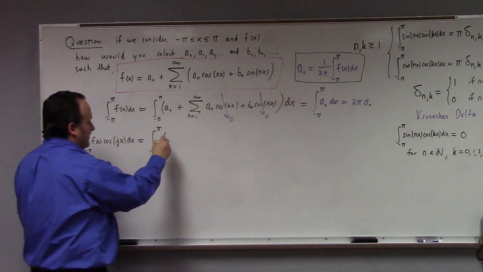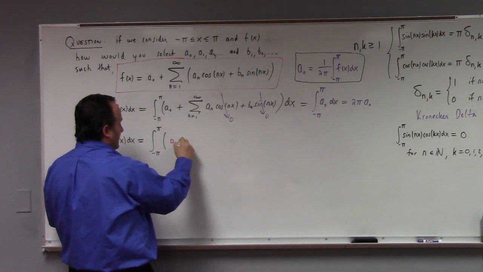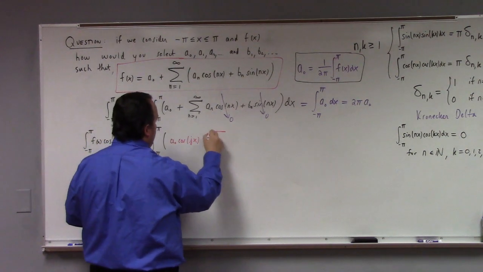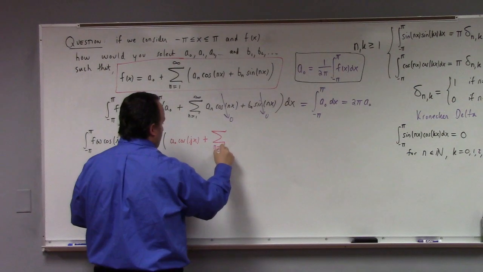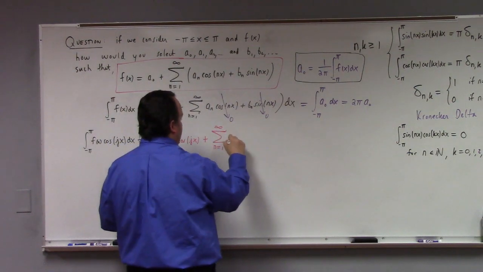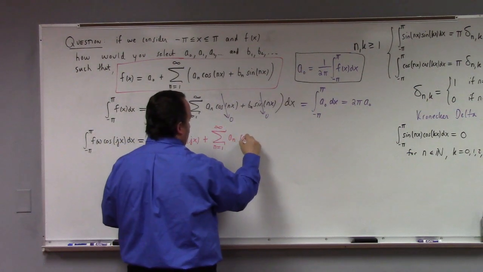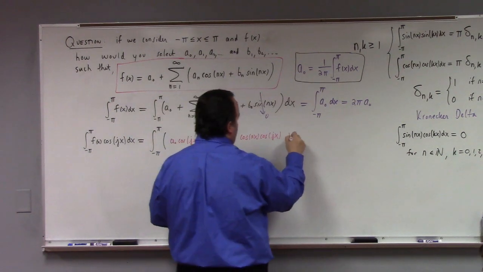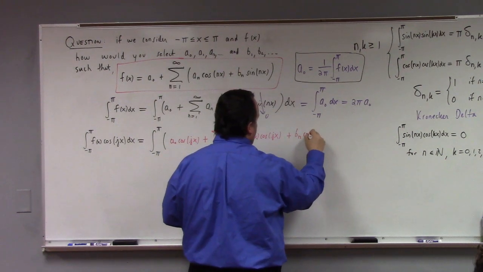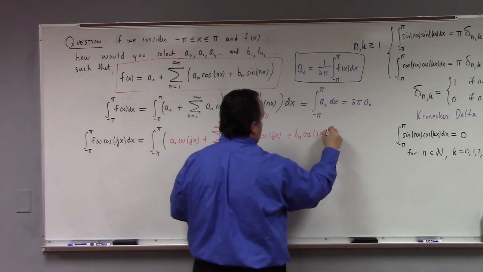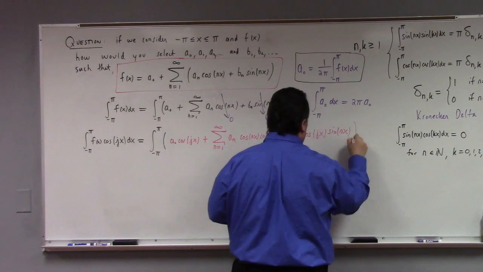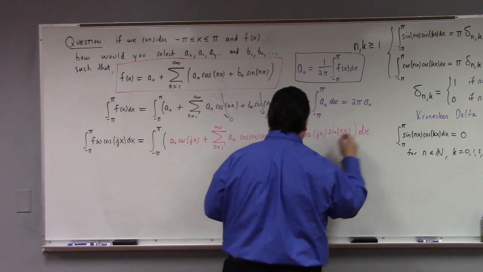That gives me a sub 0 cosine of jx, plus the sum n equals 1 to infinity of a sub n cosine of nx cosine of jx plus b sub n cosine of jx sine of nx, close parentheses, dx.